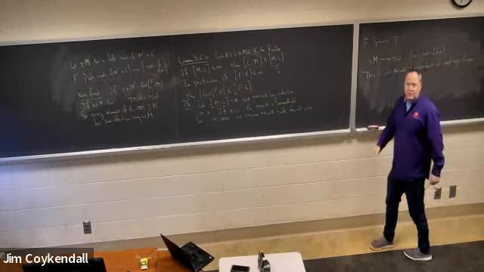This function is well defined. We showed that it's independent of the coset representative chosen over there, and since u is a root of f of x, and tau is in L prime, it fixes the coefficients of the polynomial f, then tau u is a root of f of x.